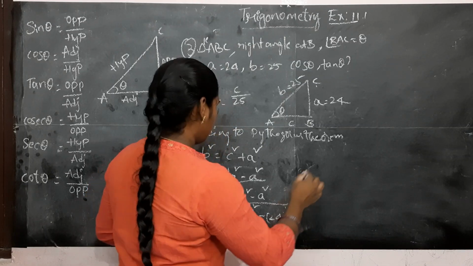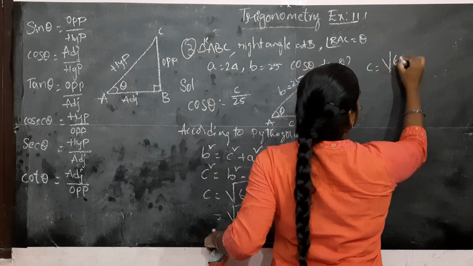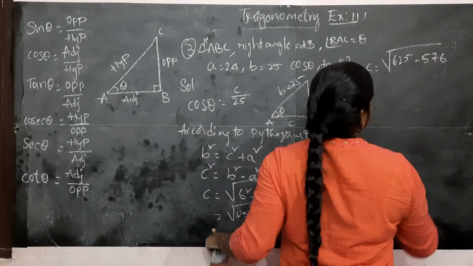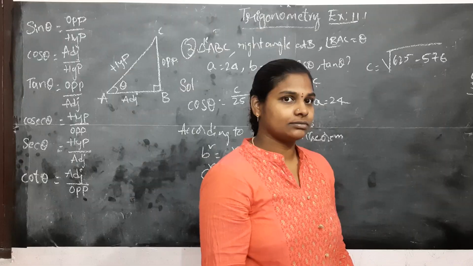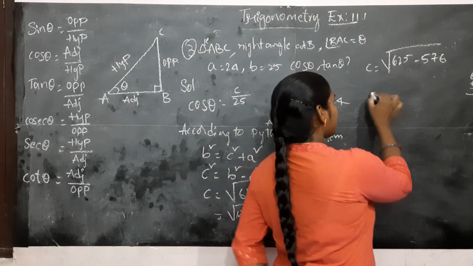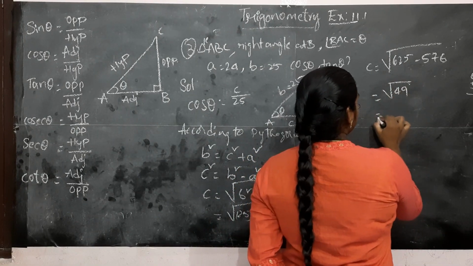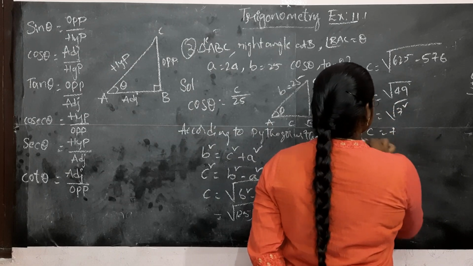Just now we have figured out C is equal to 625 minus 24 square, which is 576. If we do the subtraction, the result becomes 49, and 49 is nothing but 7 square. So our C becomes 7.